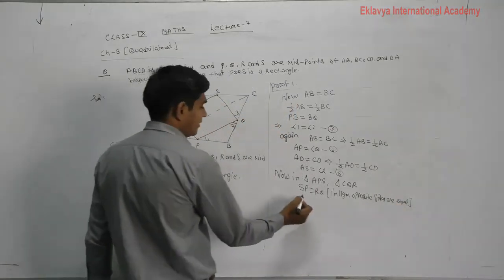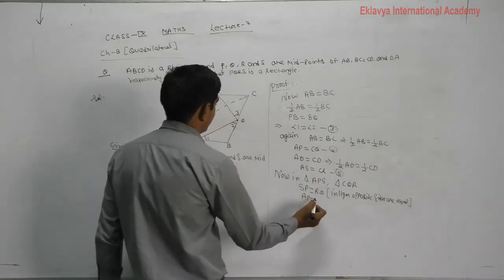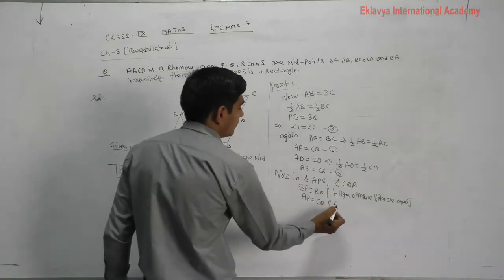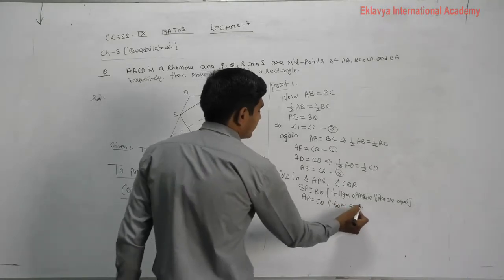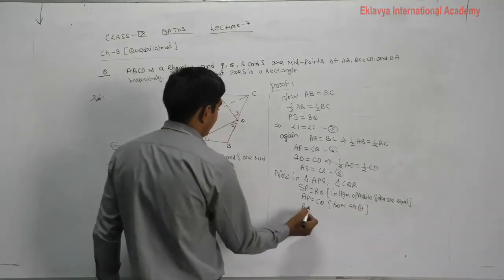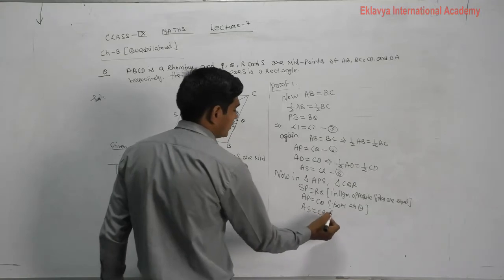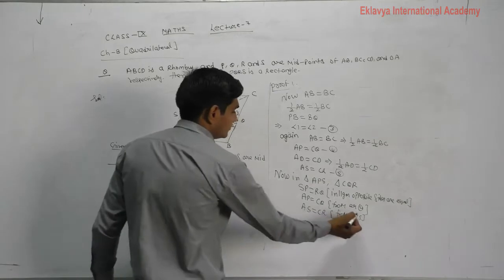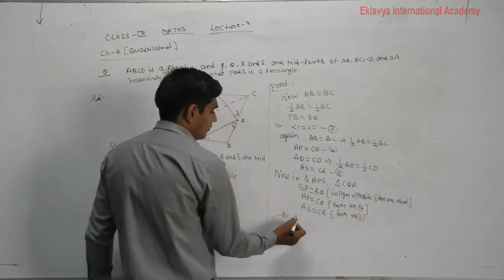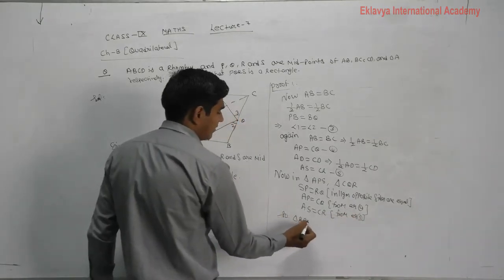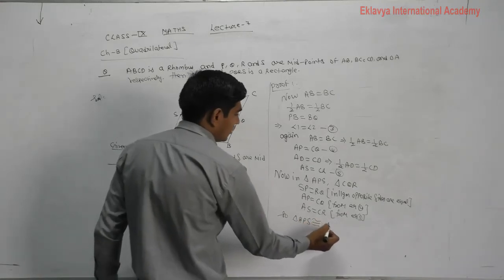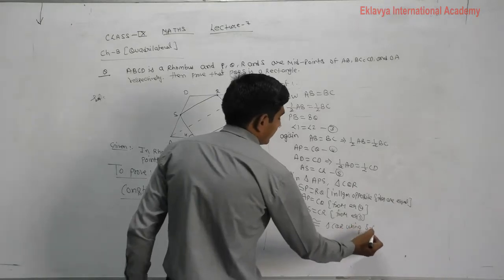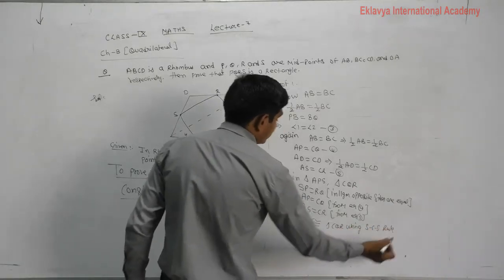Second thing is that AP is equal to CQ from equation number 4 and AS is equal to CR from equation number 5. So triangle APS is congruent with triangle CQR using SSS rule.